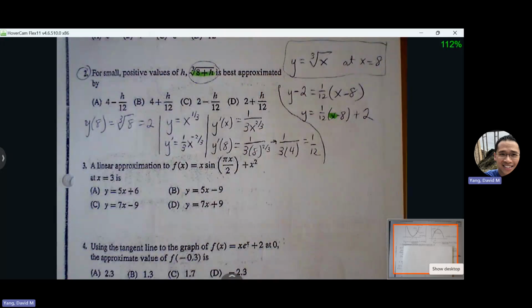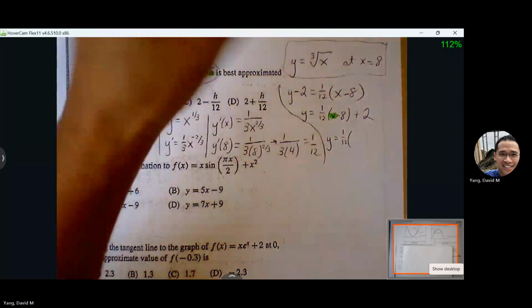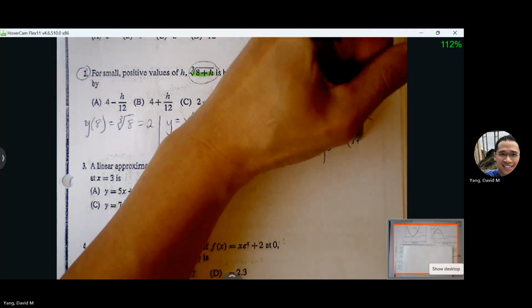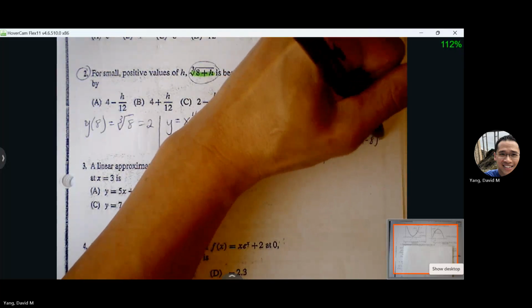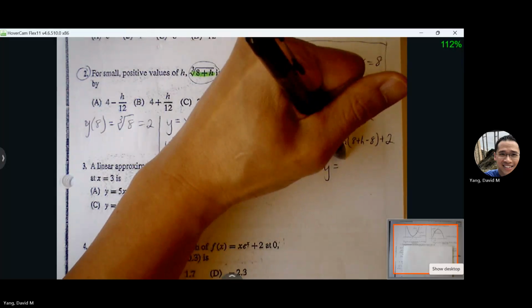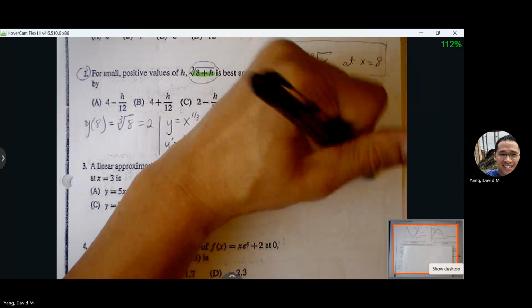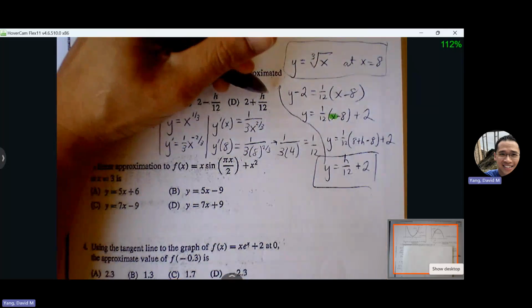And that will give us our decimal value that is some distance away from 8. And that's just going to match up with answer choice D.